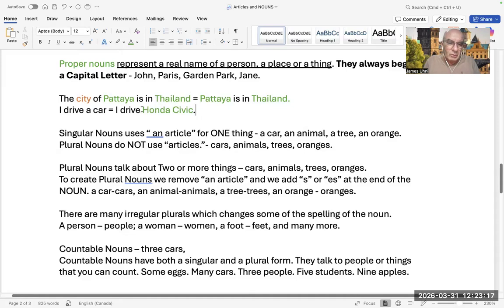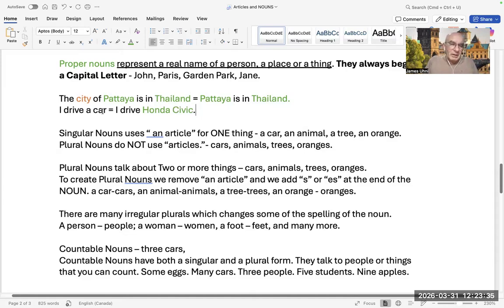But this is the real name of the company that made my car. So if I say I drive Ferrari, then I imagine a very sports car. If I talk about Honda Civic, it's a small car. If I say Honda Odyssey, it is a minivan.